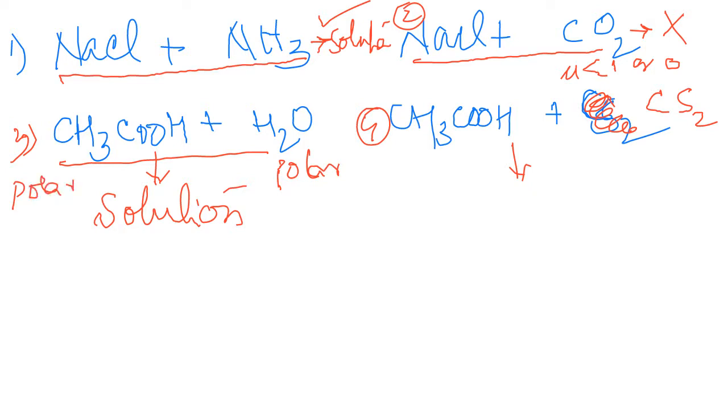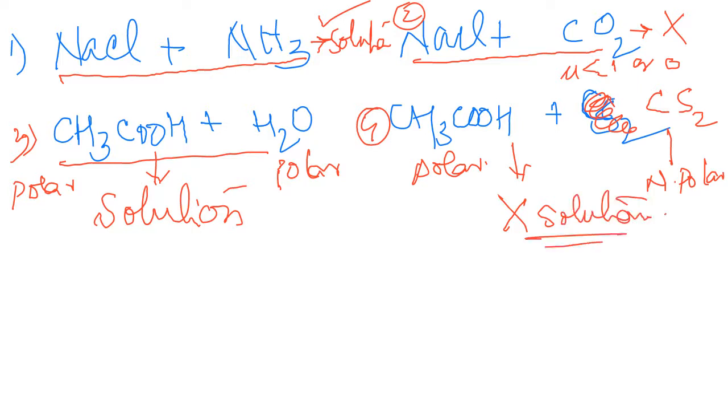The fourth one will not make one because CS2 is not polar. This is non-polar and this is polar, so they will not make a solution. All right, this is clear now? Yes.